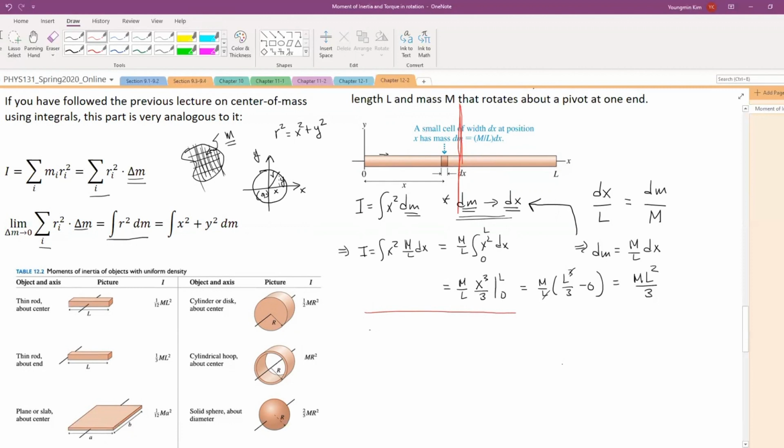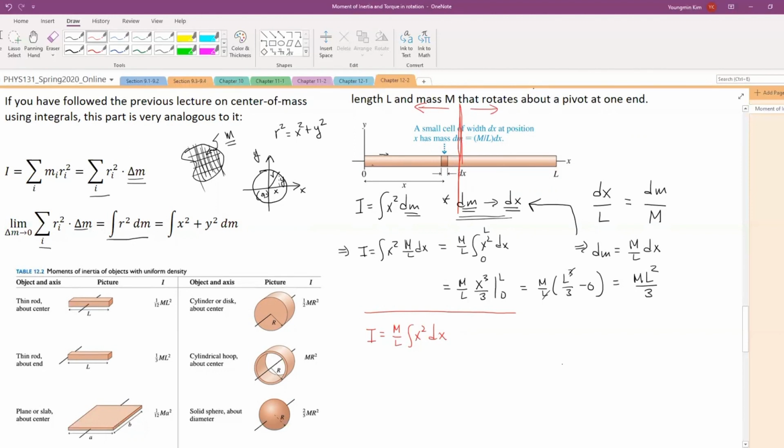In this case, the same thing remains. Everything is the same. You have m over L times the integral of x squared dx, but the only difference is that the definite integral has a different boundary condition. Before, it went from 0 to L. In this case, it's integrating both sides.